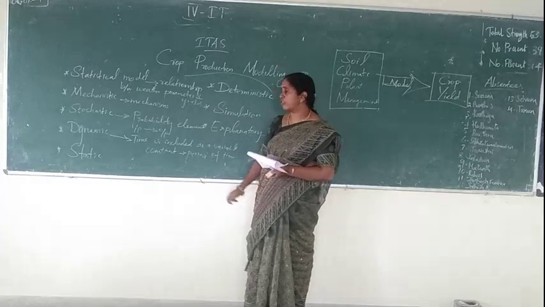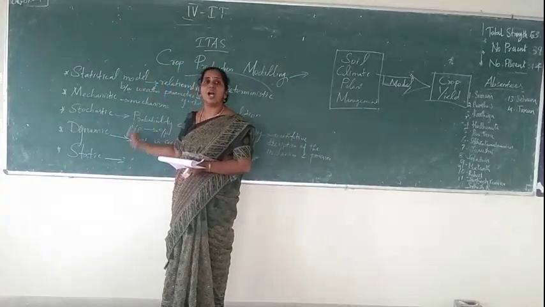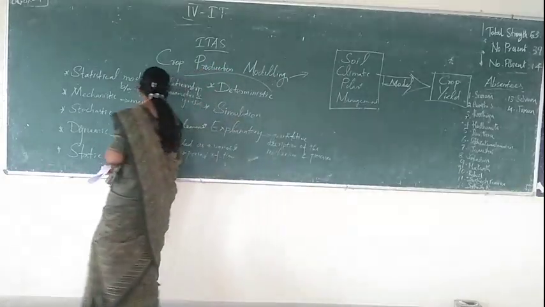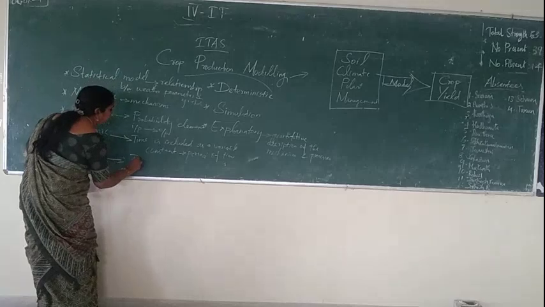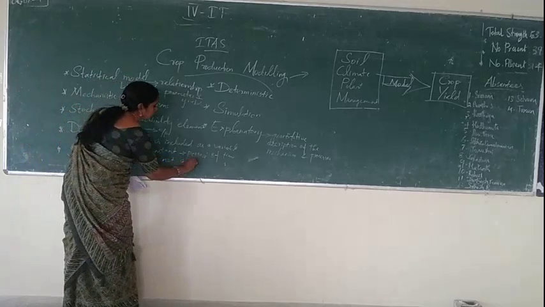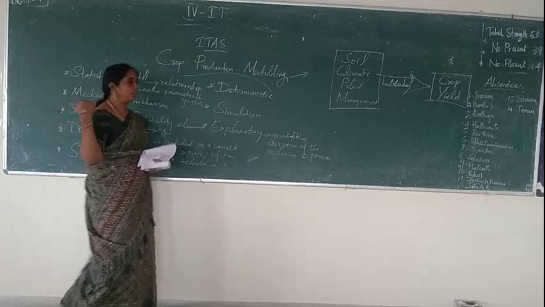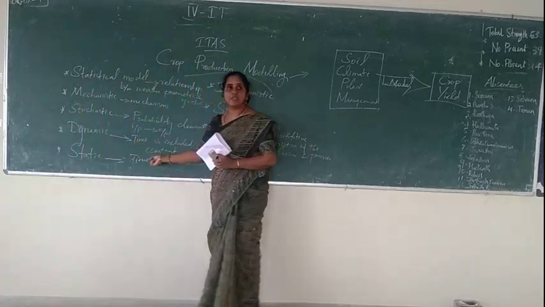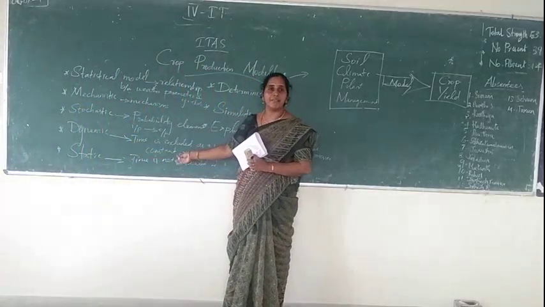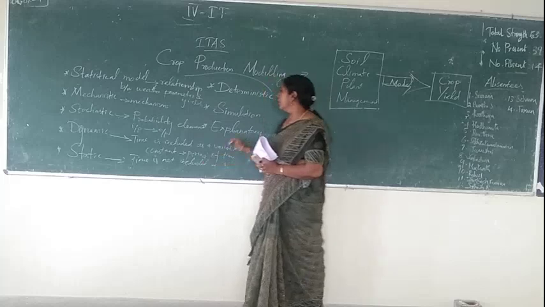Then the next model is the static model. In the static model, time is not included as a variable. Here also, both the dependent and independent variables have values, and those values become constant over a period of time.